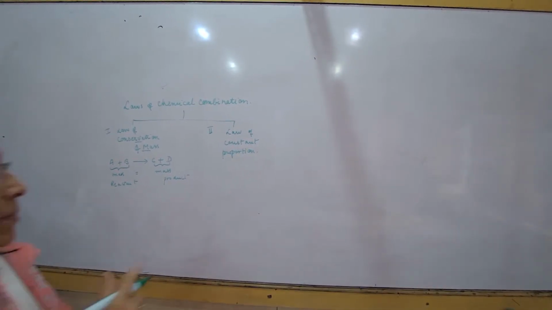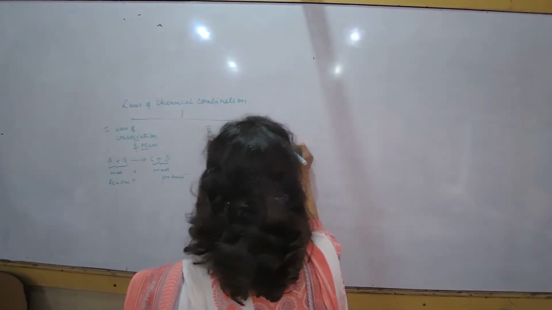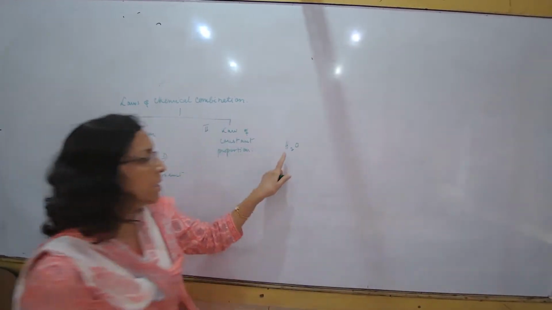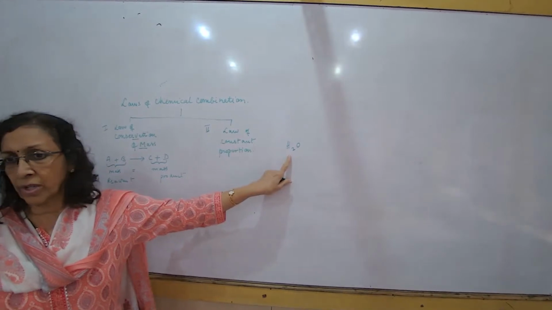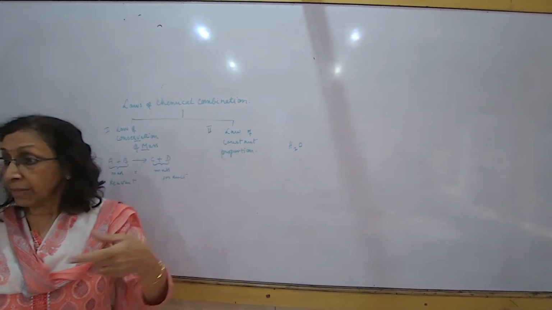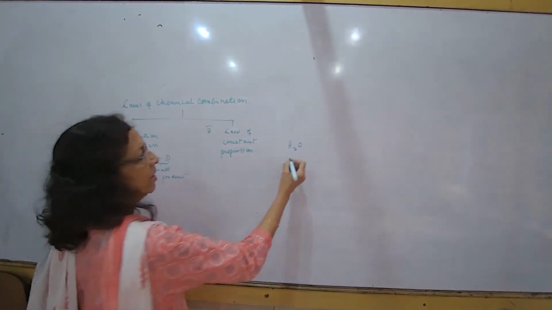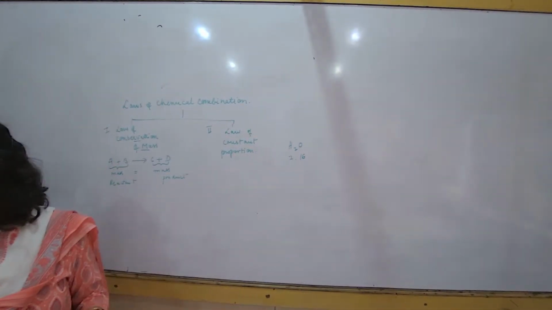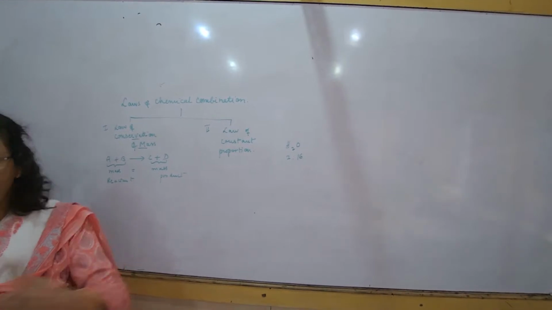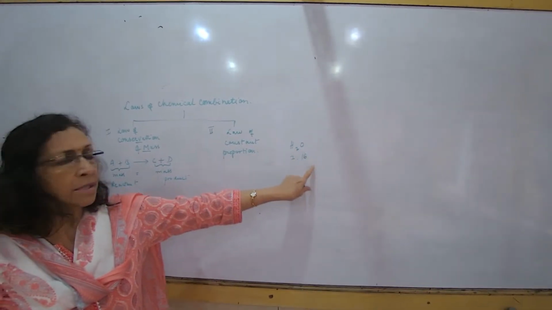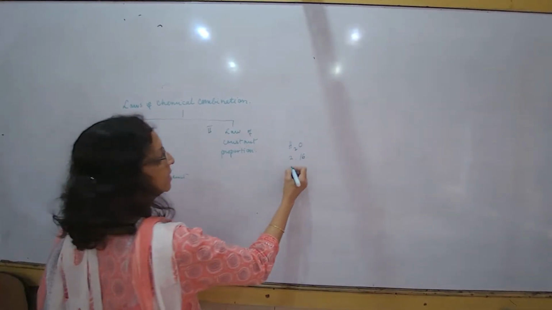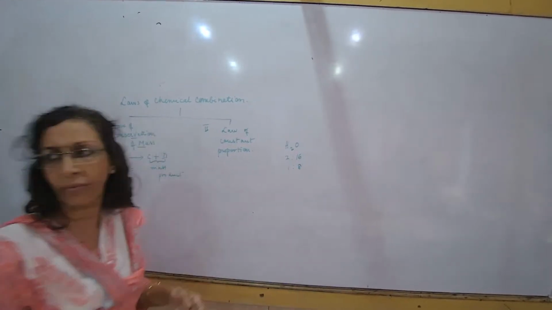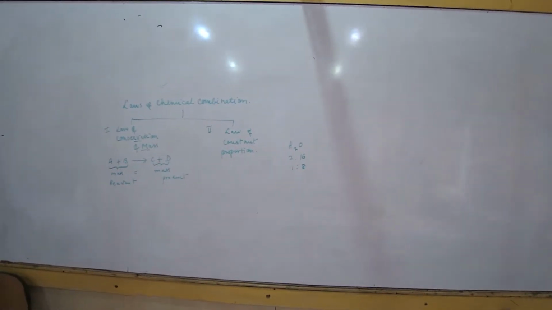For example, if I'm talking about water, what does it tell us? Two parts of hydrogen combine with one part of oxygen. But with respect to mass, it's how much? Hydrogen is 1, so 1 plus 1, and oxygen is 16. So it is always combining in the ratio of 1:8. That is your constant proportion.